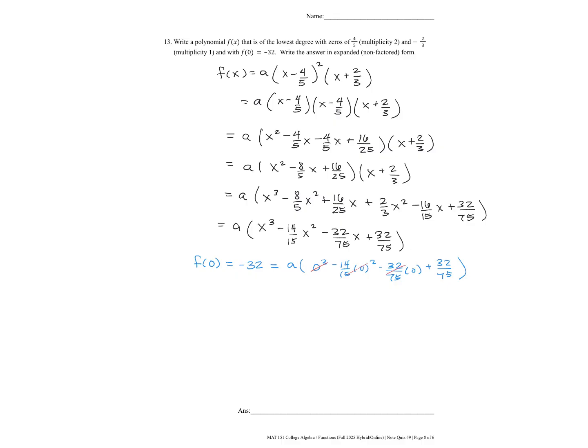So I end up with this little miniature equation of negative 32 equals a times 32/75. To solve it, multiply both sides by 75/32. On the left side, the 32's cancel out, and it leaves me with a is equal to negative 75.